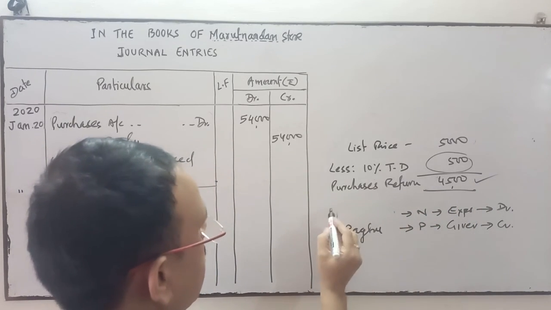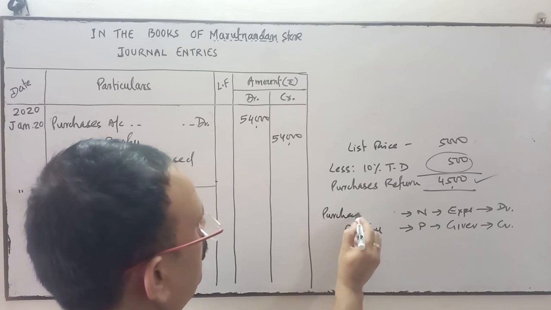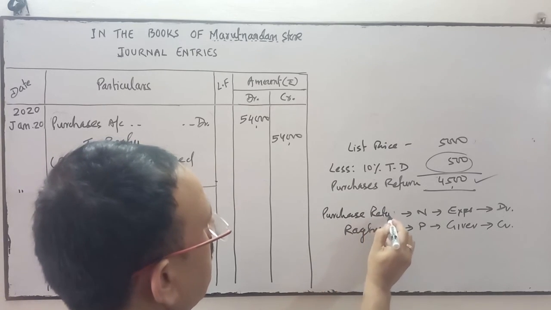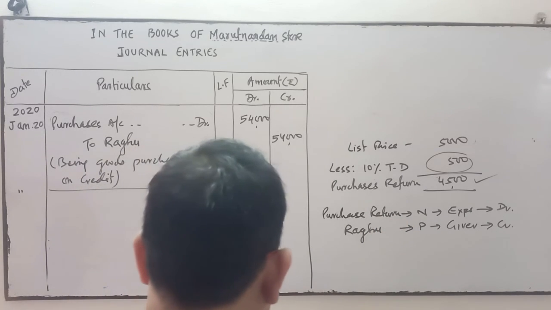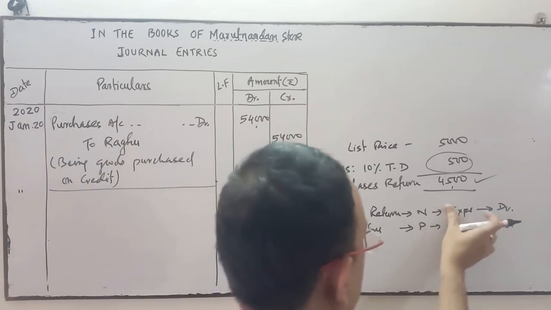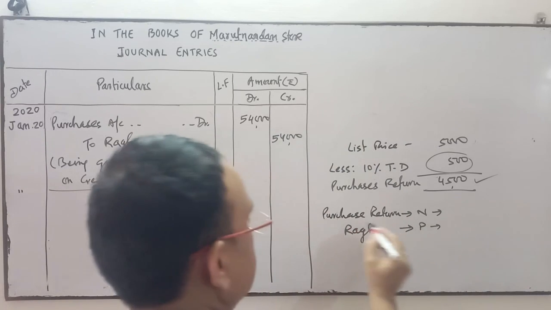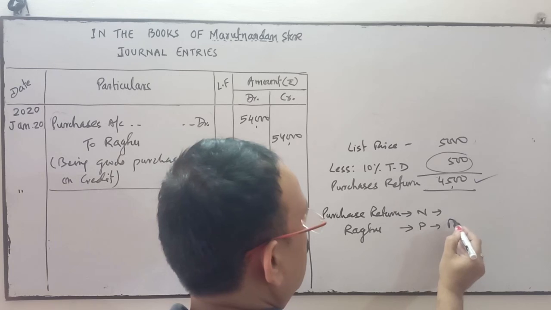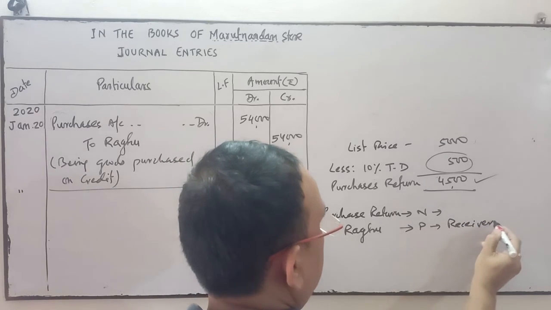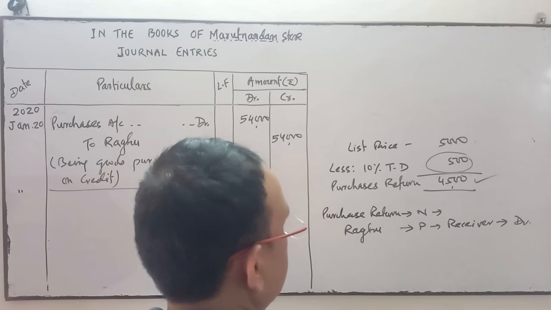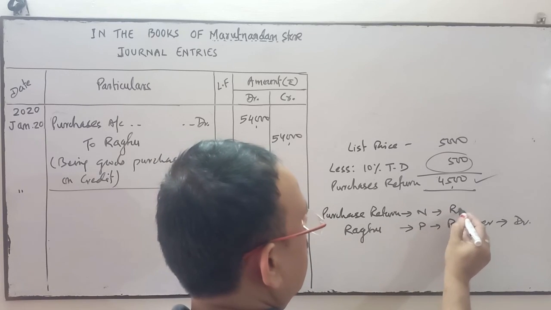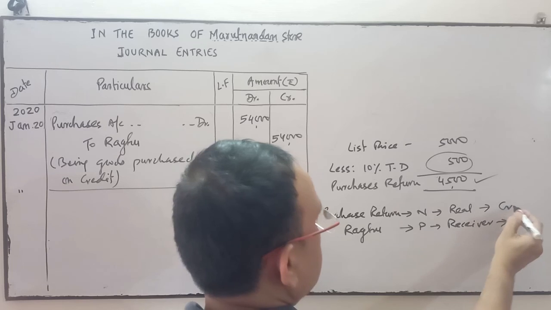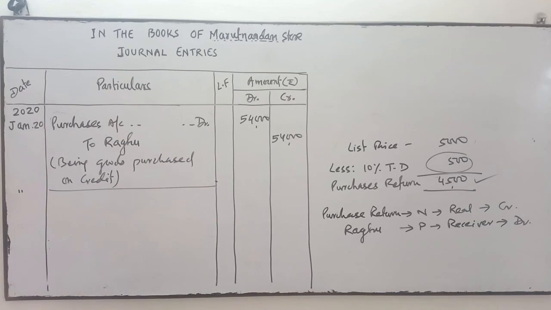So we'll open the account of purchase return and Raghu. We have returned the goods to Raghu. When we return the goods to Raghu, Raghu is the receiver, then his account will be debited, and purchase return comes under real account. What goes out is credit, goods goes out from the business, so this will be credited. January date is 22nd.